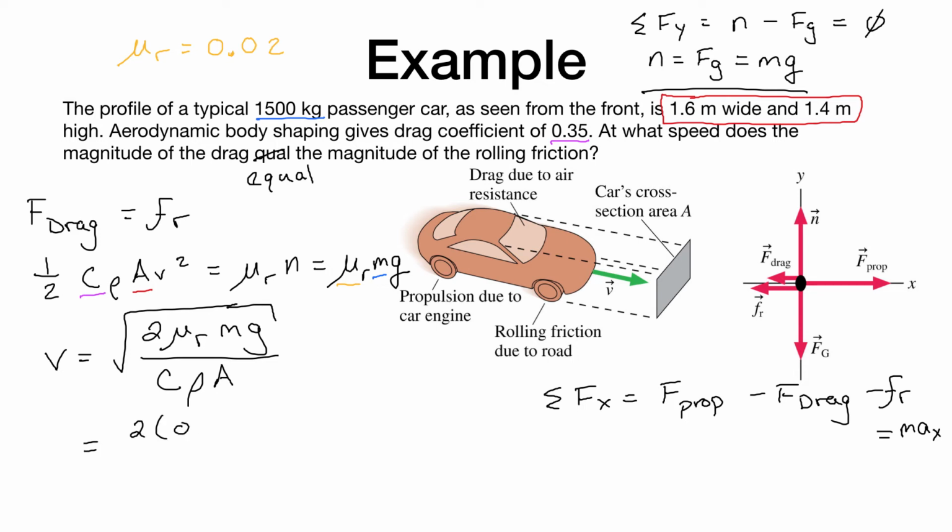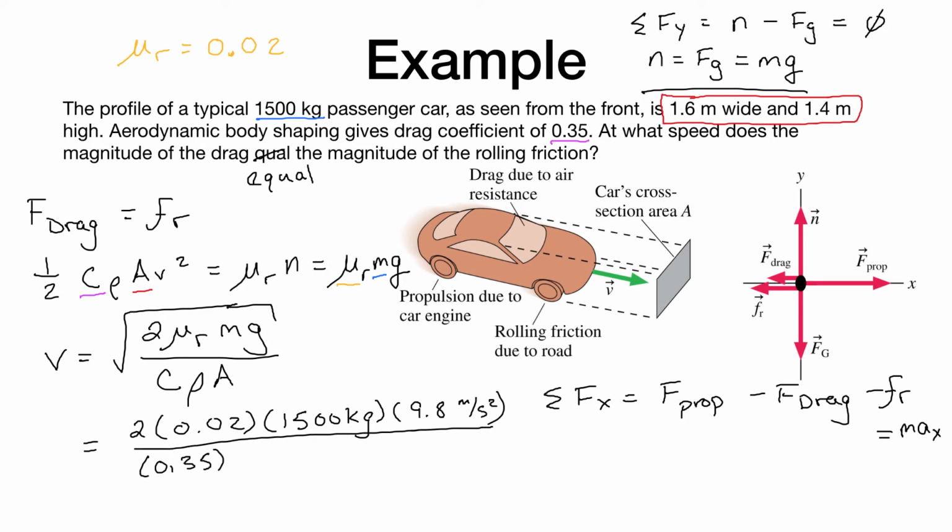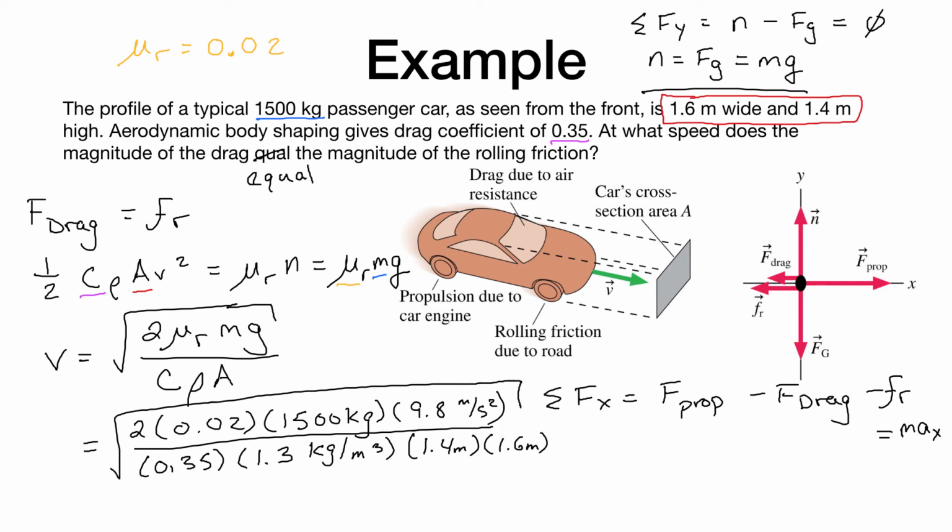We can plug in all of these numbers, square root everything, and we'll find the answer is 24 meters per second.